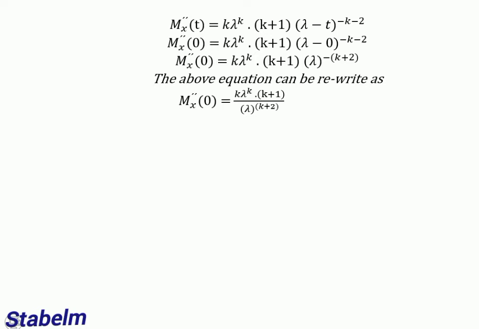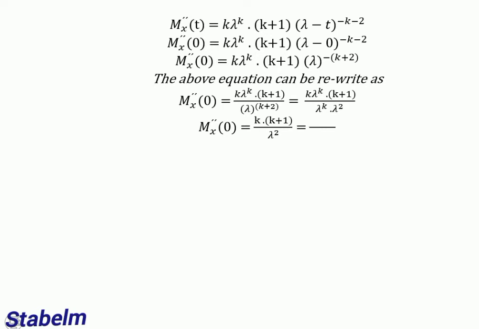Then we can split this now, and we're going to have k lambda into bracket k plus 1 divided by lambda raised to power k multiplied by lambda raised to power 2. Looking at this, lambda raised to power k here, we cancel it. So what will remain now is M double prime subscript x of 0 equals k into bracket k plus 1 divided by lambda raised to power 2.